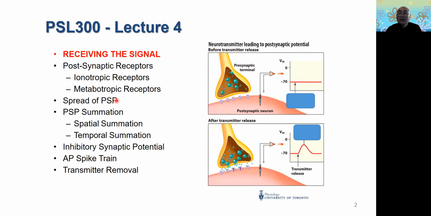Through mechanisms like summation of many signals from different neurons, spatial summation, or one neuron firing consecutively, temporal summation, maybe we can cause this next neuron to also fire an action potential.